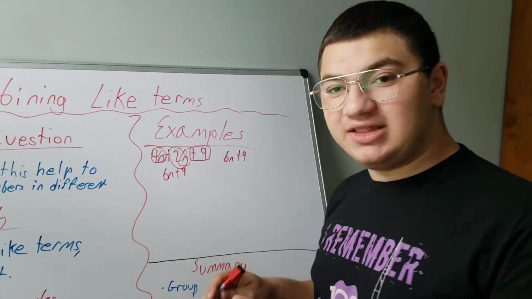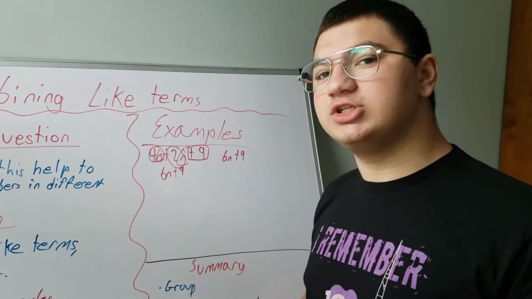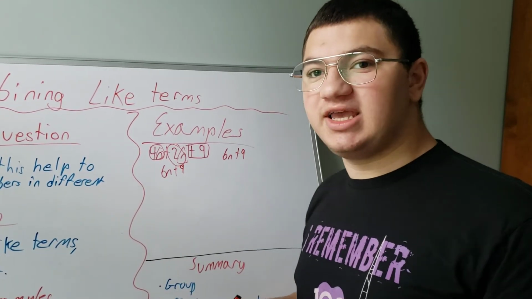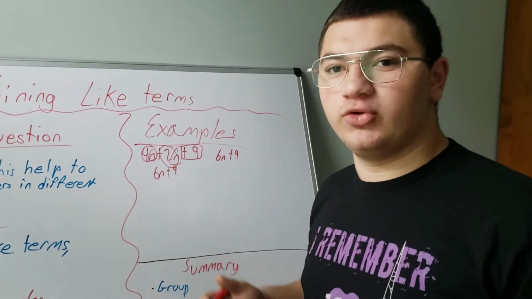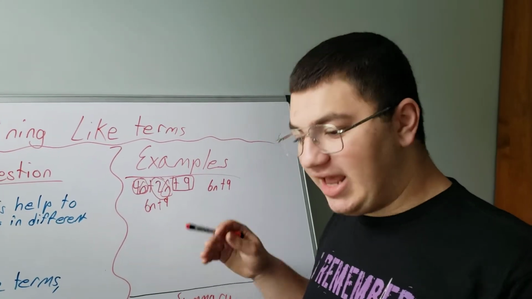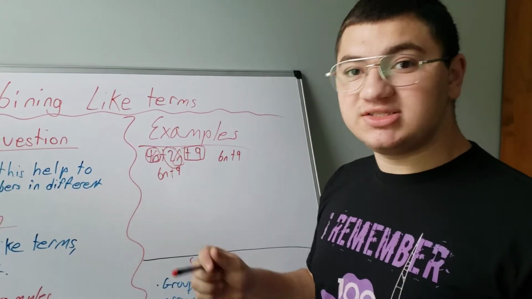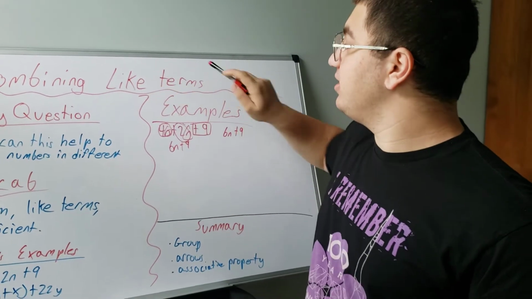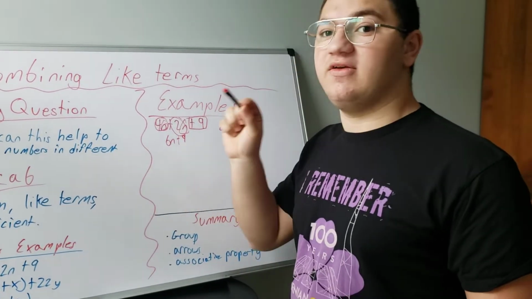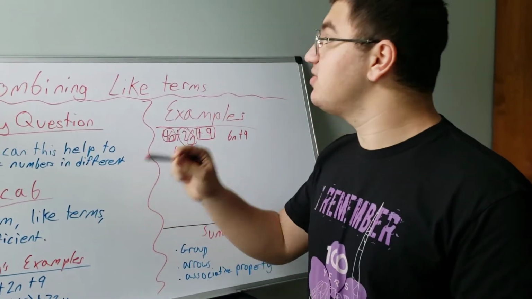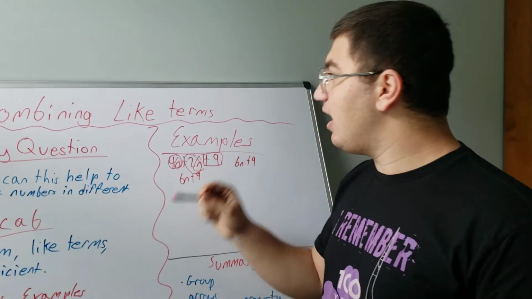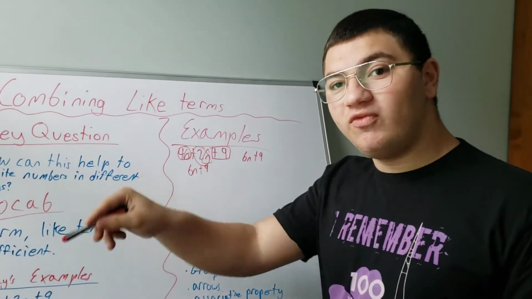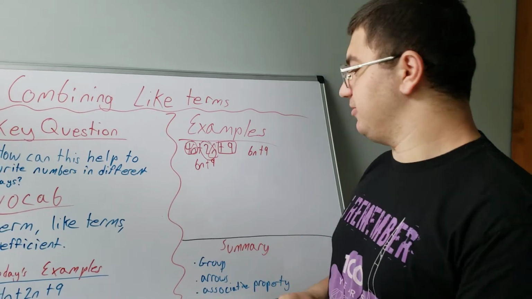Can I add the 9 whatevers to the oranges? In logic, yes, I can. I can have a bowl of fruit. But in math, you can't do that. You have to add what's like to each other, thus combining like terms, which is a very important thing to know when doing simple algebra and ultimately moving on to algebra in high school.